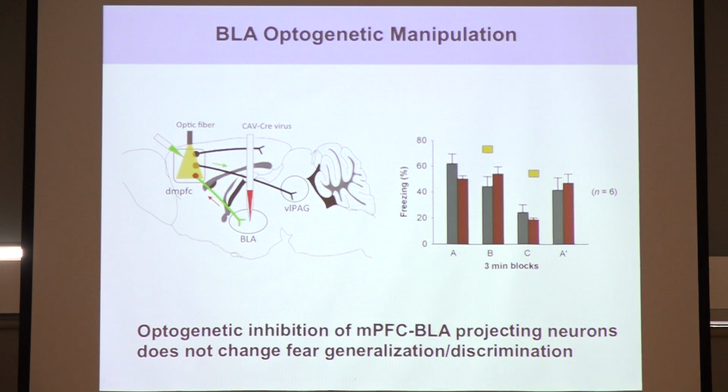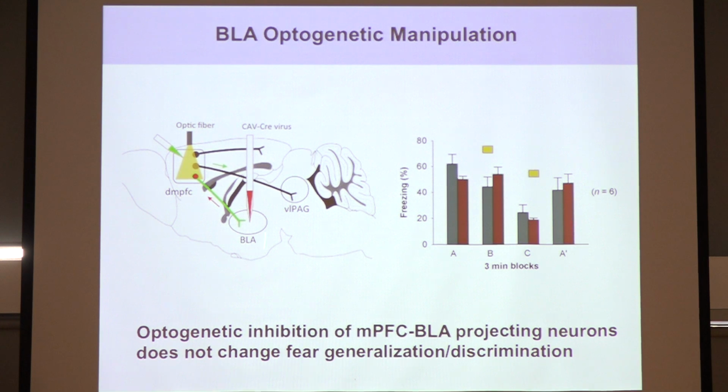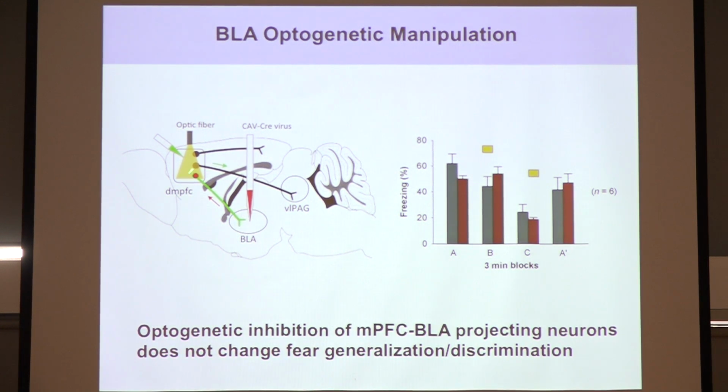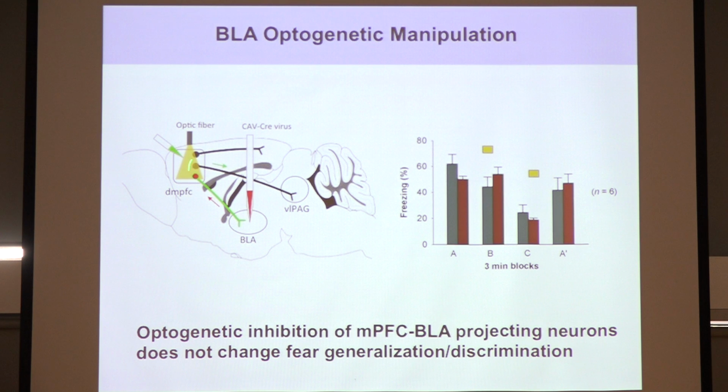Of course, we have used the same strategy to try to manipulate the neurons that project to the BLA, to see if there were two complementary pathways involved in the discrimination. So we injected the CAV2 virus in the BLA and manipulated the soma of the neurons in the prefrontal cortex after injection of the AAV virus in the prefrontal cortex.